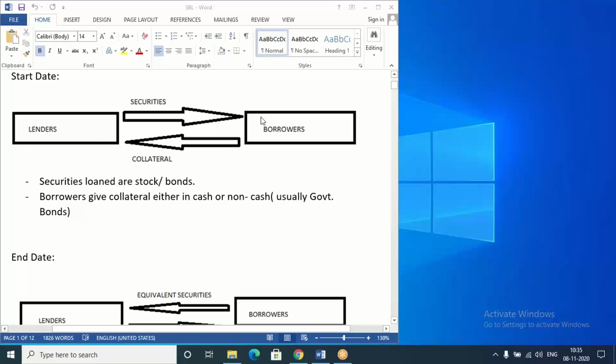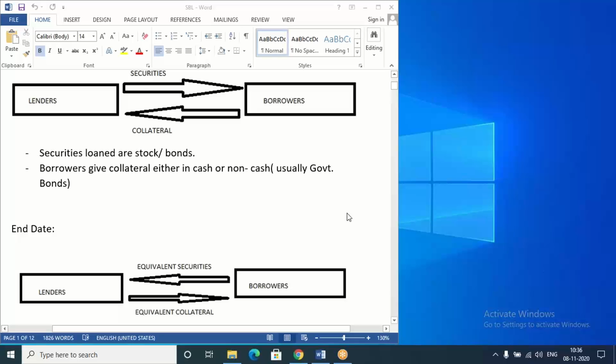Are these securities loaned indefinitely, or is there a timeline in which the borrower has to return them? There is a timeline, yes, correct. At the end of the contract, when the borrower returns the securities to the lender, the borrower returns equivalent securities and the lender returns equivalent collateral.